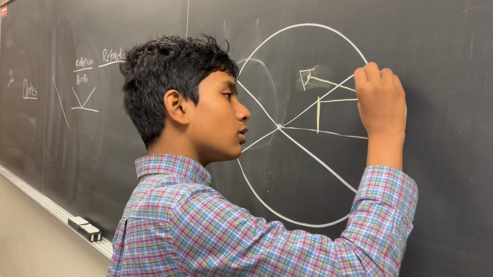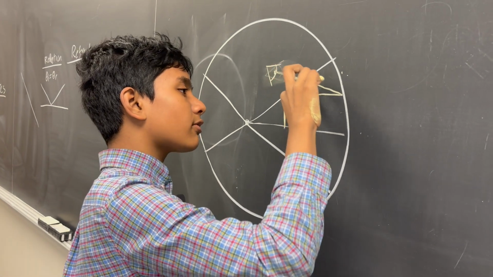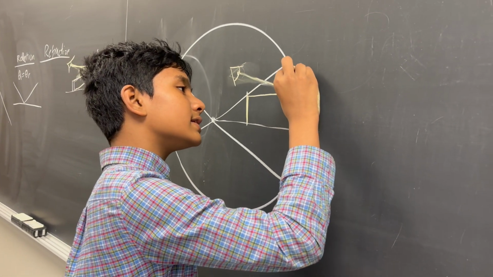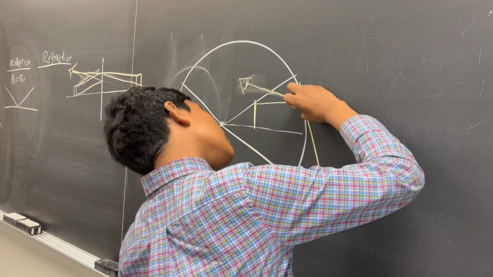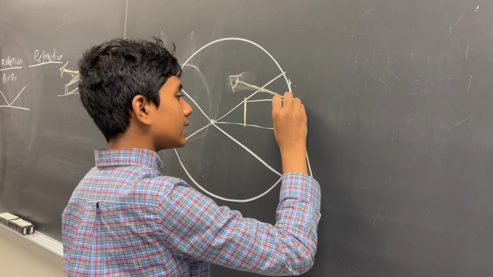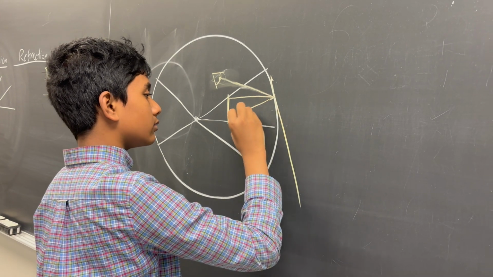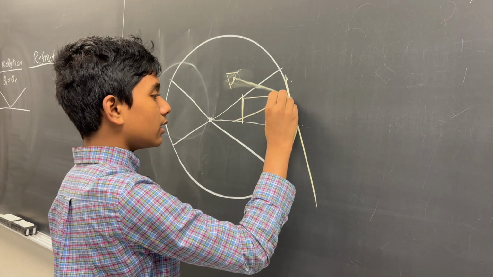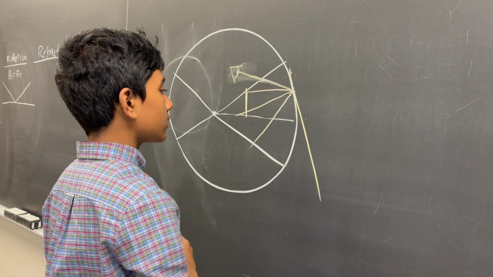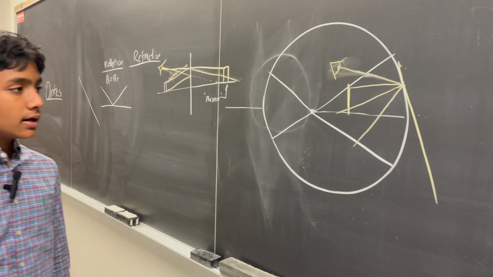Why? Because it's actually reflecting off a tangent line to the circle right over here. So the normal to this tangent circle is actually way over here. It means it's not going to go this way. It's going to come right over in this direction.